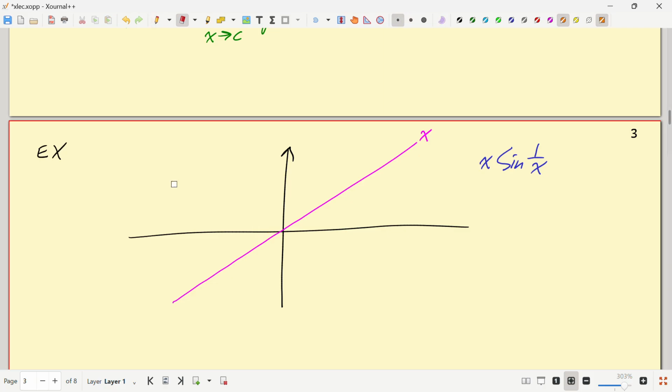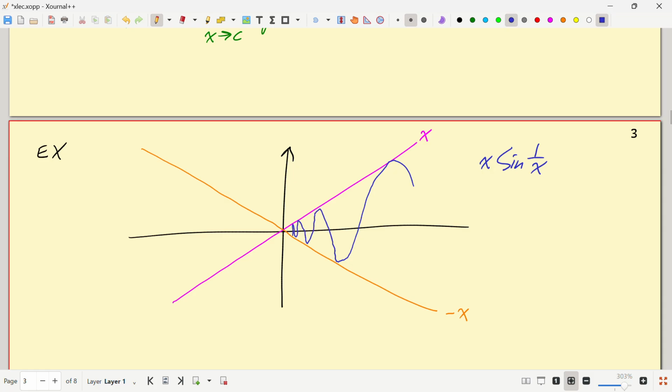Let's see if I can do a better job. There's a graph of minus x. Okay, and sine 1 over x is bouncing up and down between being plus 1 and minus 1. When it's plus 1, it would be on the top x curve. And when it's minus 1, it would be on the orange minus x curve.